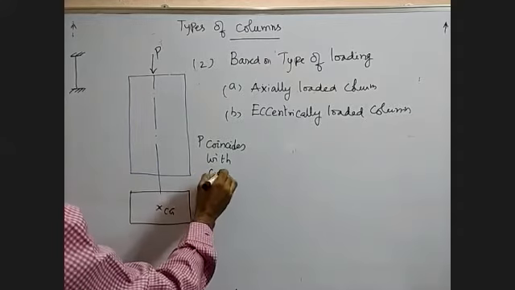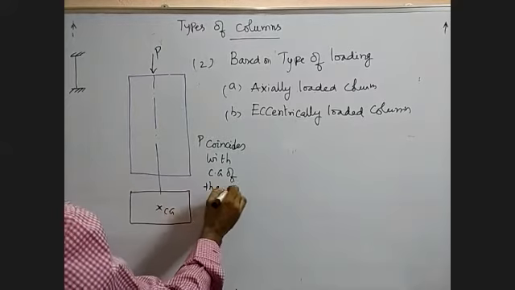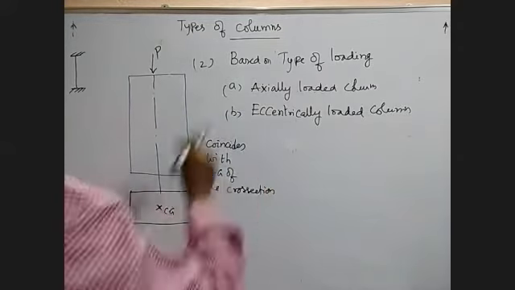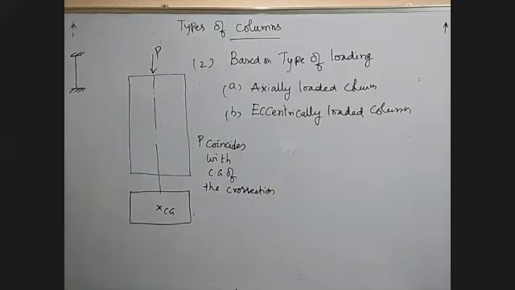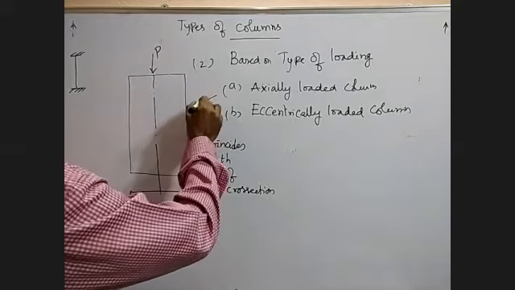It coincides with the CG of the cross section. It is called as axially loaded column. So the line of action of the load and the CG are in the same line. We call it as the axially loaded column.